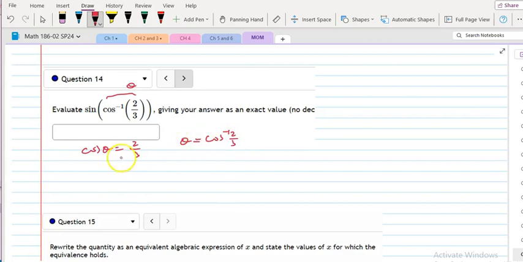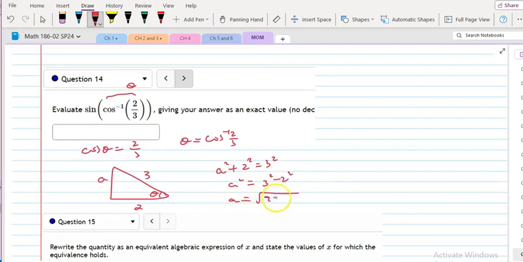If you do cosine on both sides, you'll get this cancelled. So you can draw a picture of an angle having cosine 2/3. A we don't know, so we would say A squared plus 2 squared equals 3 squared. So A squared equals 3 squared minus 2 squared, or A is equal to the square root of 9 minus 4, which is the square root of 5.